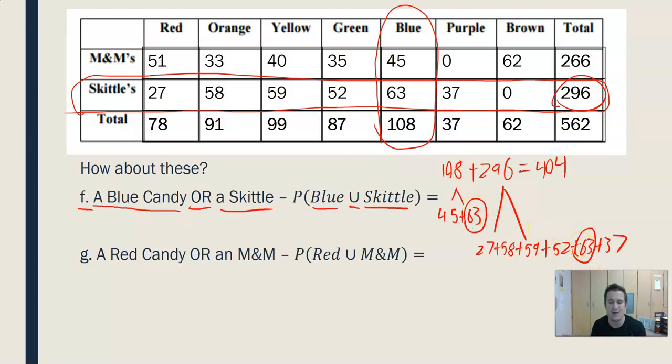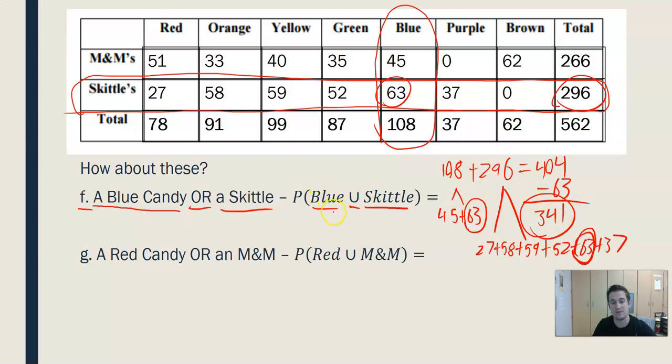I double counted 63 blue Skittles. That doesn't make any sense. I don't need to double count those. So this total that I got, 404 candies, is too big. I need to take away 63 pieces of candy because I double counted these 63 blue Skittles. So 404 minus 63 is 341.